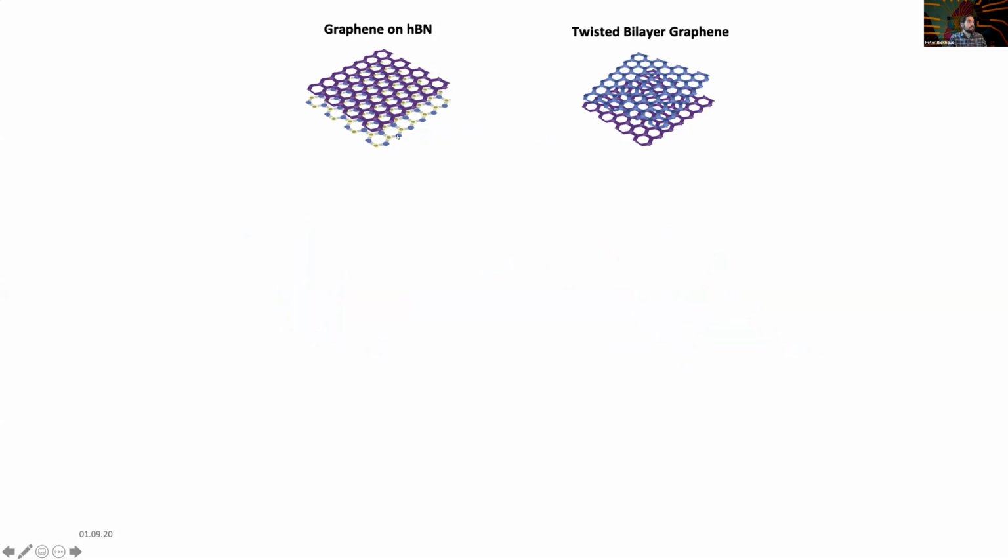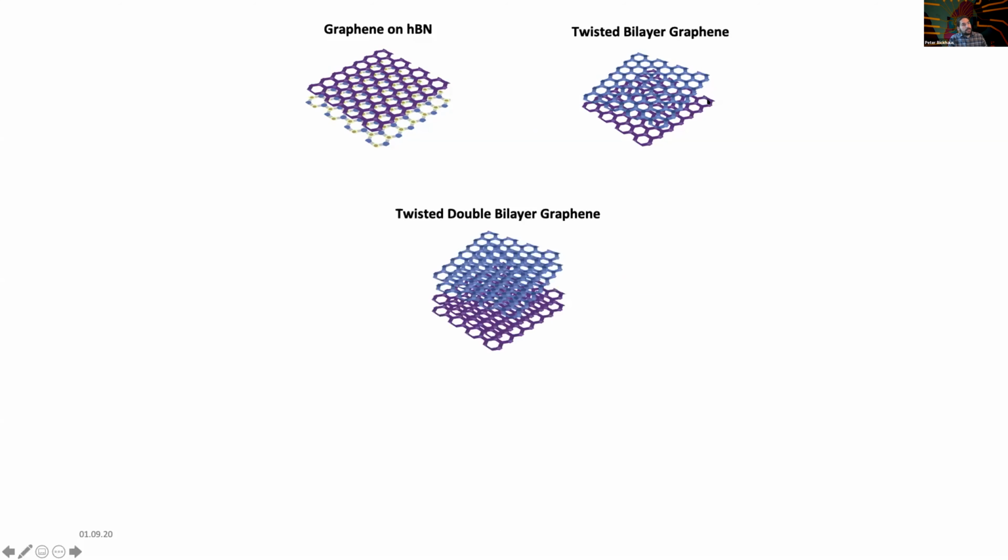Boron nitride is insulating, and the superstructure now affects the transport properties of the graphene. Then the twisted graphene, and now what I'm going to talk about today is twisted double bilayer graphene. That's essentially Bernal stacked or AB stacked graphene, ripped apart in the middle and twisted on top of each other.